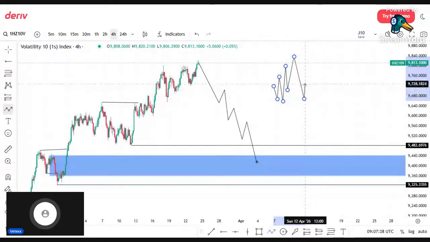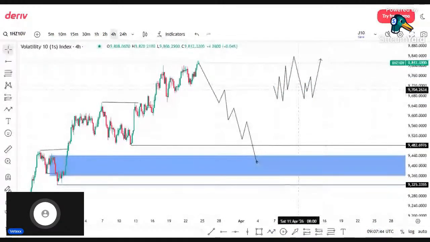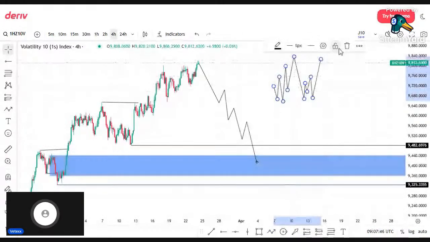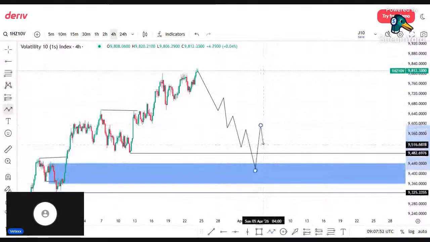It's going to be something this way before you take the trade. So this is how it's going to form. For this V10S, if price comes back into this zone, we anticipate price to give us this move this way.